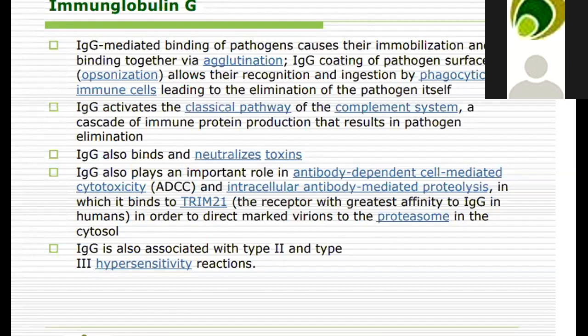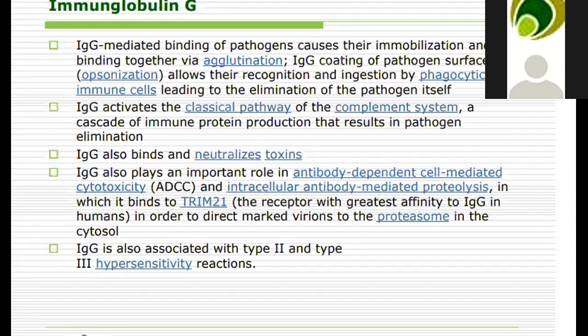But again, the question: if complement is not there, it's blocked, and maybe Borrelia is going into persister forms because you treat with antibiotics, then the IgG cannot work, and IgG is not produced. So you will not find IgG. It's under the detection level, we name it, although it's maybe there in a little concentration.